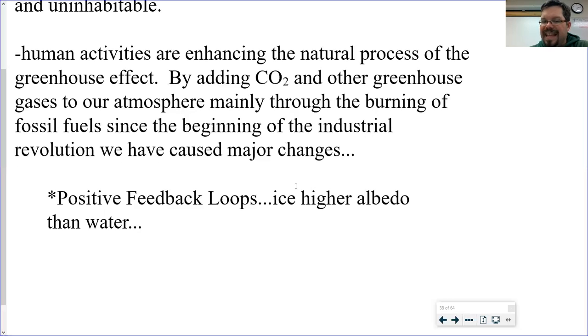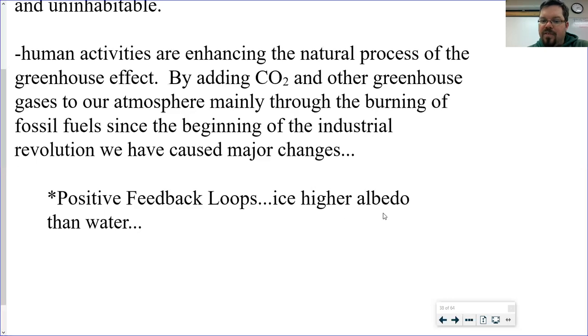The consequence of that is less solar radiation is being reflected back out into space. More solar radiation is being absorbed by our planet's surfaces because we literally have surfaces that are not ice covered. Now we have land surfaces, rocky surfaces that are greater absorbers. Well, more solar radiation absorbed, more heat gets re-emitted by our planet's surfaces, thus warming the lower atmosphere even more.